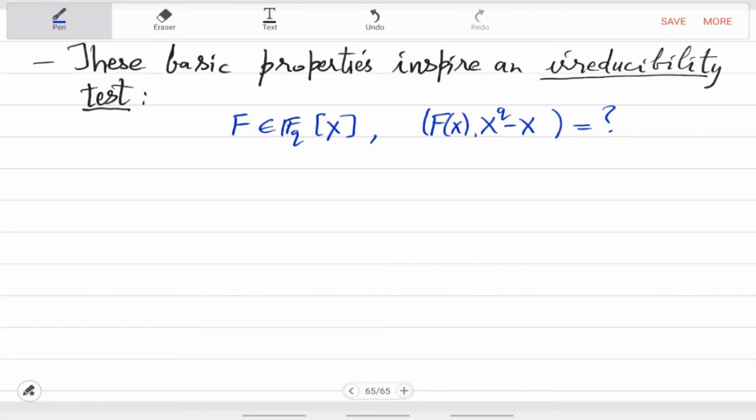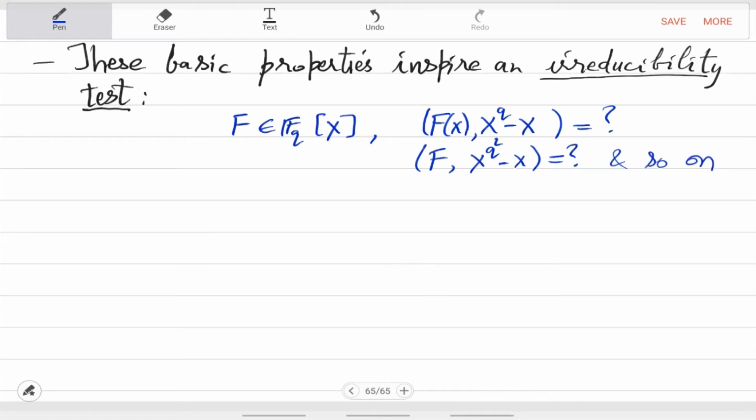Now, more interestingly, this test can be extended to cover quadratic factors. If big F has no root, it may still have a quadratic irreducible factor, right? For that, the test you will do is x to the q square minus x, and so on.